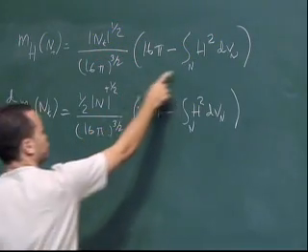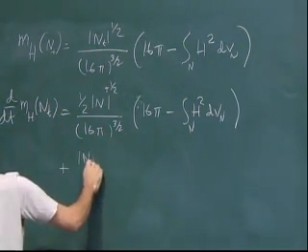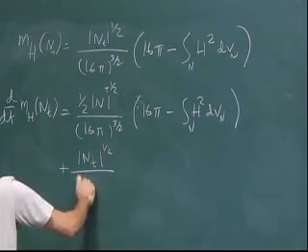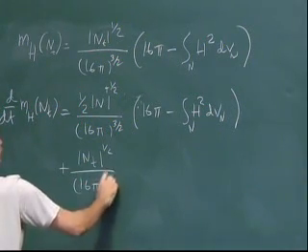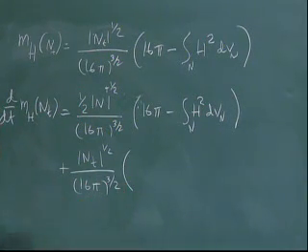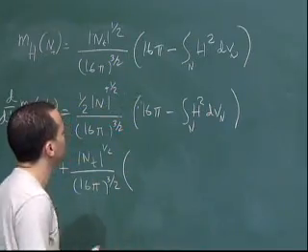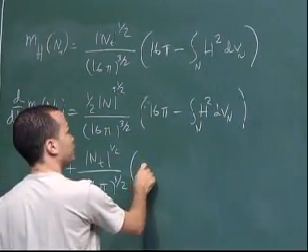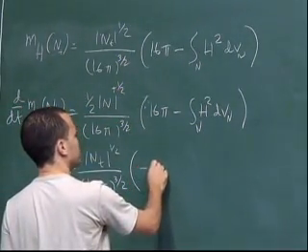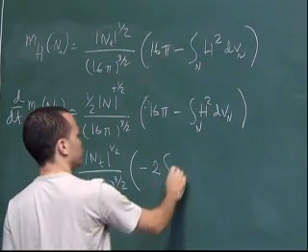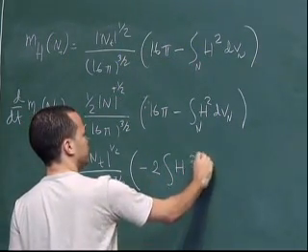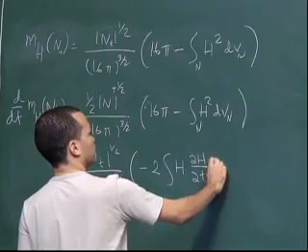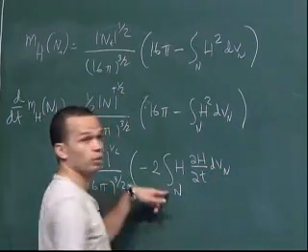Now I have to differentiate inside. So I repeat here the area divided by 16 pi to the 3/2. So when I differentiate inside, the constant cancels, and I get minus 2 times the integral of H dH/dt. Right, that's one of the terms.